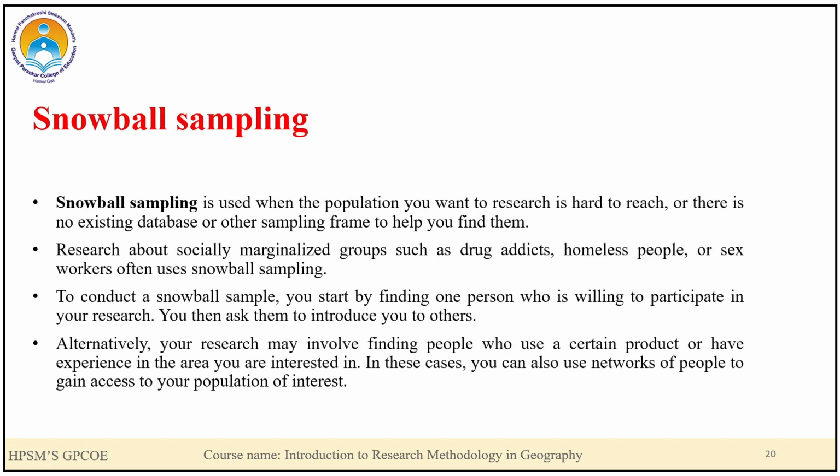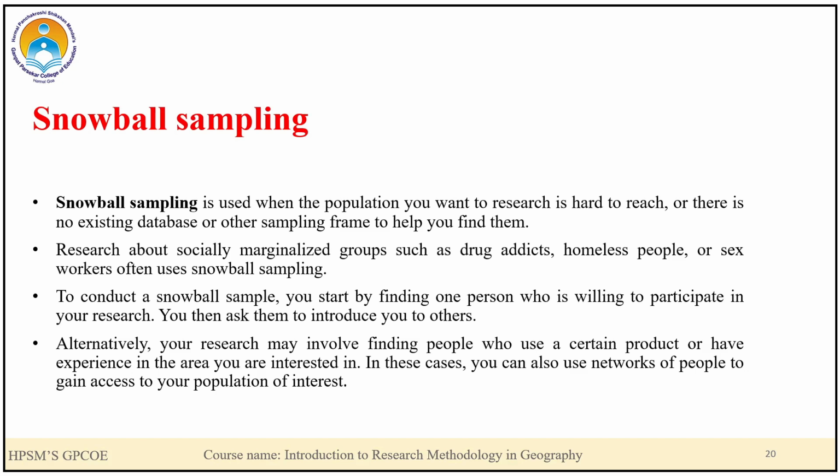Snowball sampling. Snowball sampling is used when the population you want to research is hard to reach or there is no existing database or other sampling frame to help you find them. Research about socially marginalized groups such as drug addicts, homeless people or sex workers often uses snowball sampling. To conduct a snowball sample, you must start by finding one person who is willing to participate in your research.